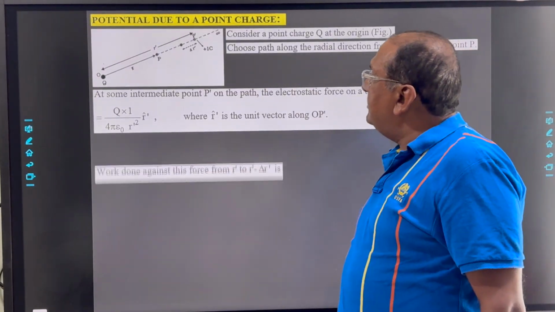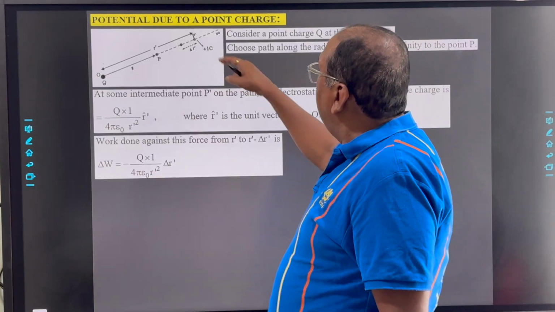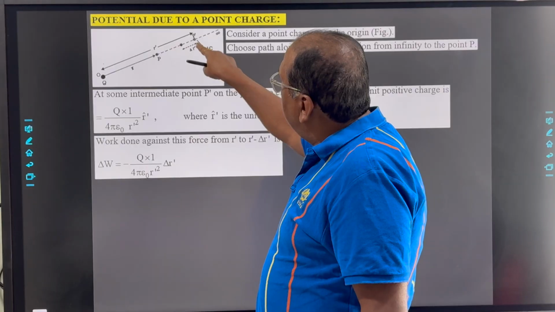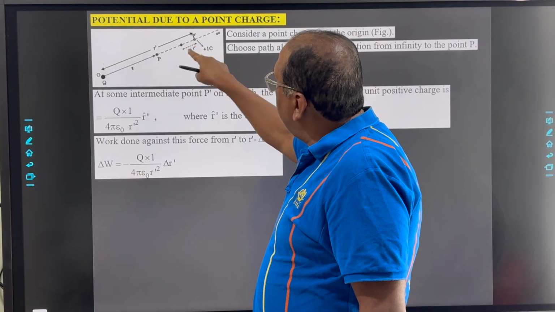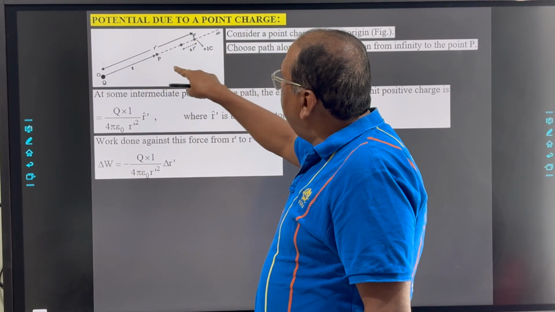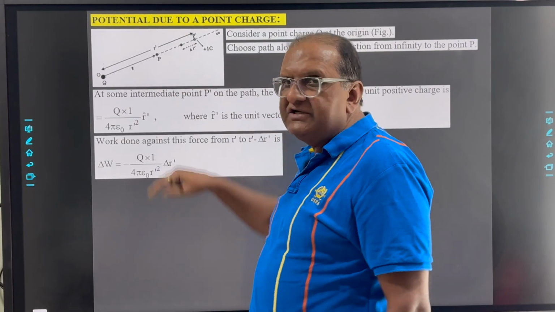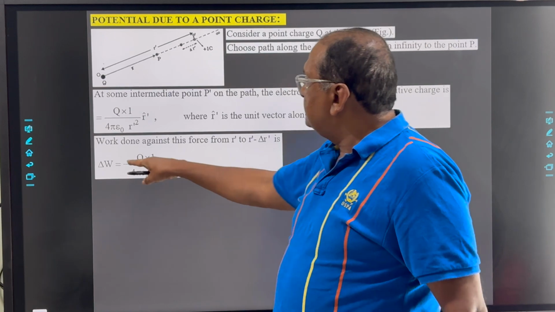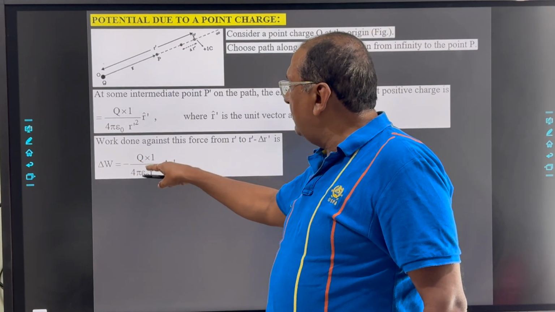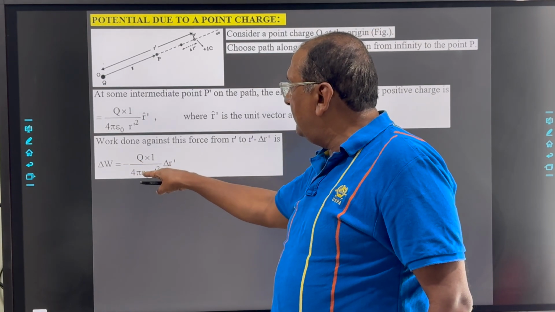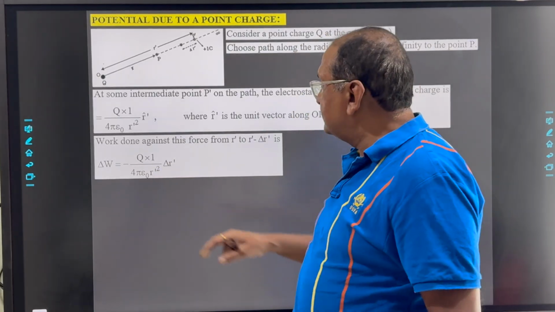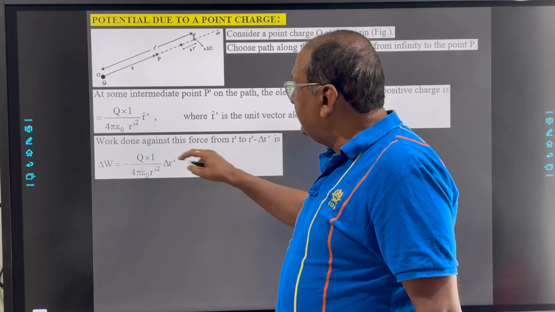Now calculate the work done against the field to move this unit positive charge from P dash by distance delta R dash. Means it is moved from R dash to R dash minus delta R dash. So delta W, that is equal to Q into 1 upon 4 pi epsilon 0 R dash square, that is the force, dotted with displacement delta R dash.